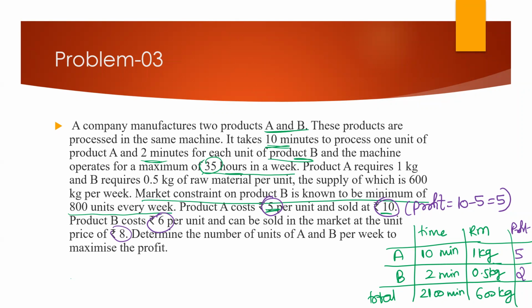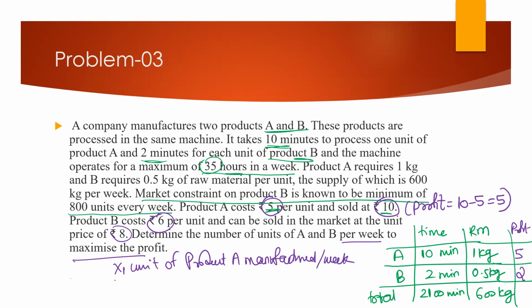Determine the number of units of A and B per week to maximize the profit. So you want to maximize the profit, per week. Write your decision variable: let x1 units of product A be manufactured per week, and x2 units of product B be manufactured per week.